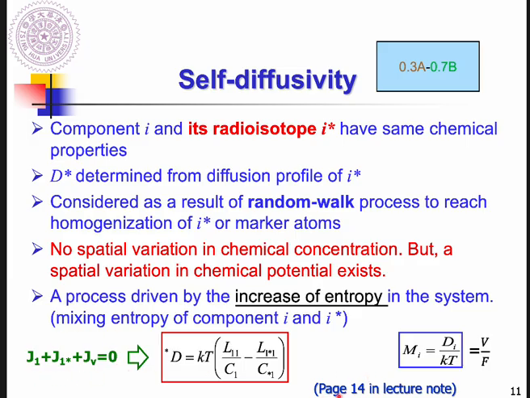If you look at the lecture notes, to derive these results they use the condition that the net flux equals 0. So finally, they can get these results.